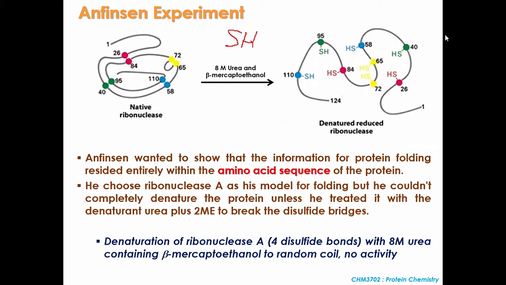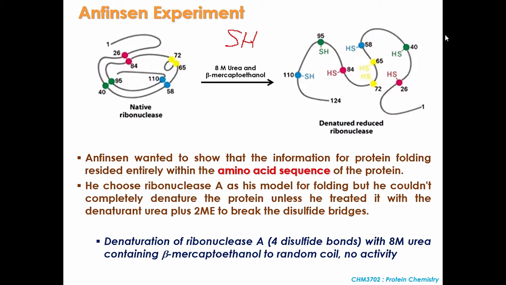It has sulfur. So what is the function of beta mercaptoethanol? Reducing agent. Reducing agent of? Yes, it's a reducing agent. Of disulfide bonds. Yes, exactly. So the reason why he added beta mercaptoethanol is to break disulfide bonds.